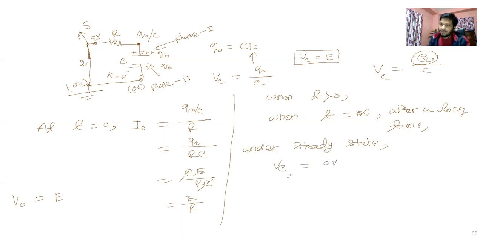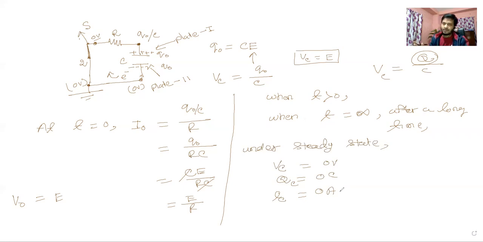The charge across the capacitor Q C equals to what? 0 coulomb. The current through the capacitor or through this circuit I C equals to what? 0 ampere, isn't it? Right? Okay.